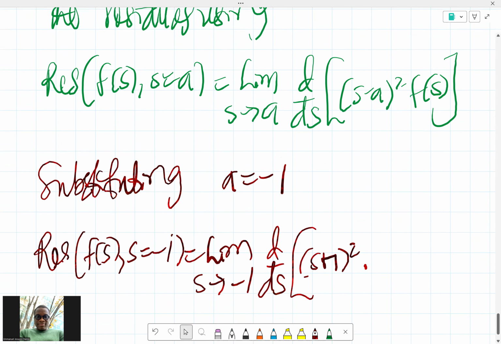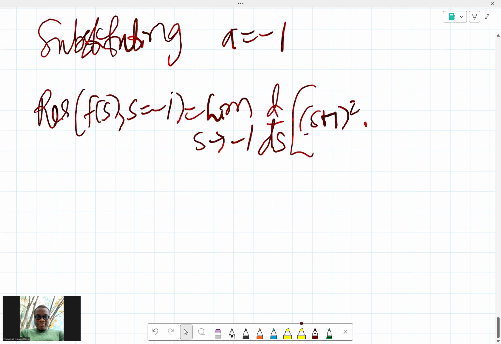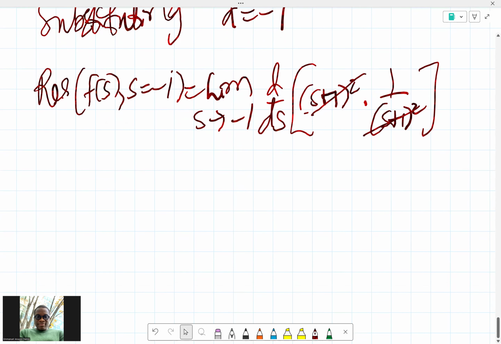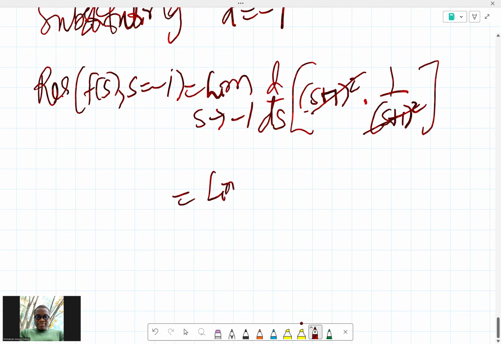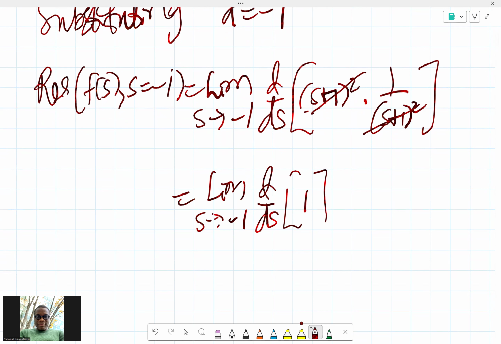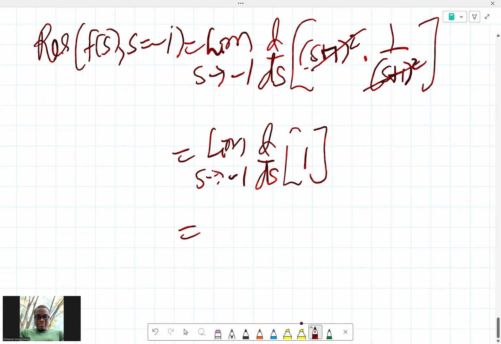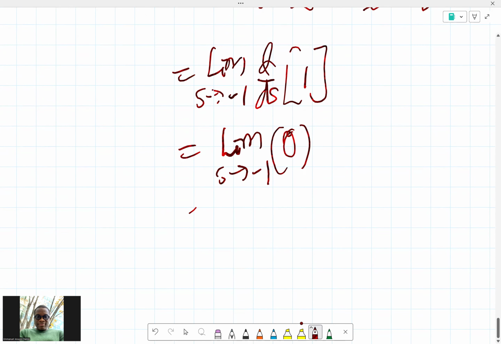The f of s itself is 1 over (s plus 1) squared, so this simply cancels this out, as we know. So we have the limit as s approaches minus 1 of d/ds of 1. When you differentiate 1, it's just 0. So you have the limit as s approaches minus 1 of 0, and that is simply 0.